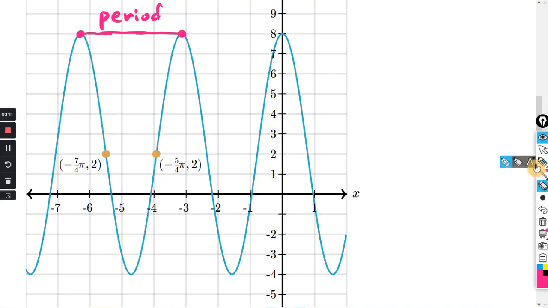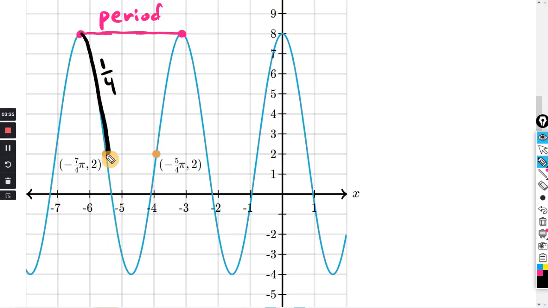Now, we can easily find the distance from here to here, but how much of the period would that distance be? Well, let's see. If we go from here to here, this distance from left to right would be 1/4 of the period.